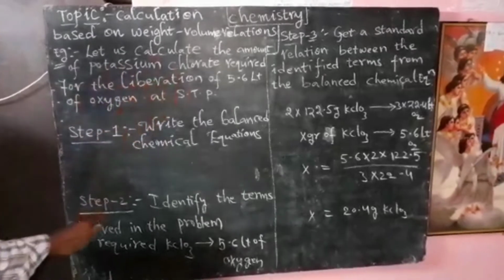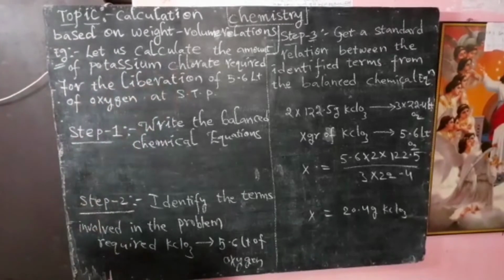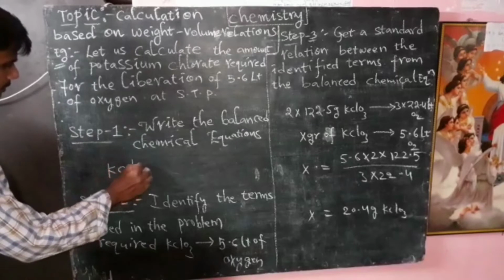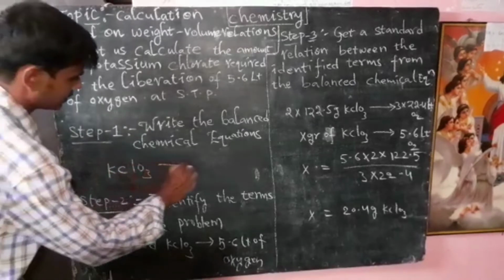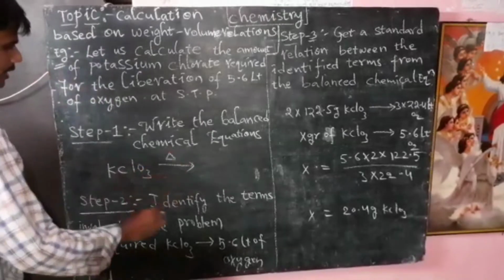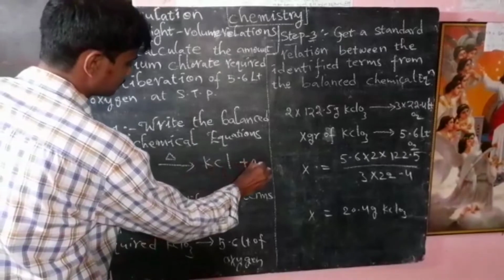Potassium chlorate liberates 5.6 liters of oxygen. So potassium chlorate KClO3 on decomposition decomposes into KCl plus O2.